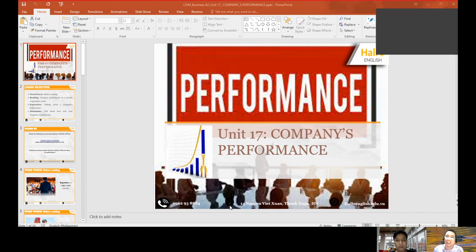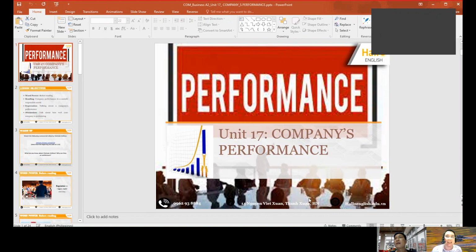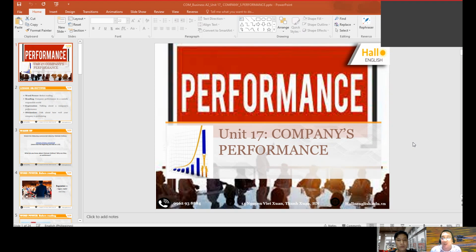Okay, so company activities that make the company get more benefit. Because if they don't perform well, what happens to their company? It will be foreclosure.